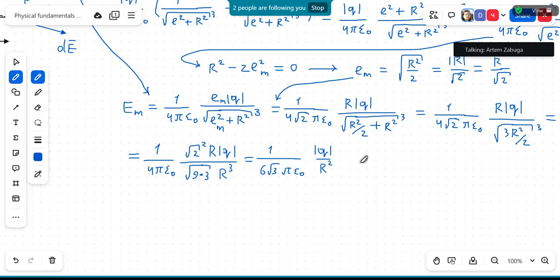So this is the maximal value of the modulus of electrostatic field intensity.